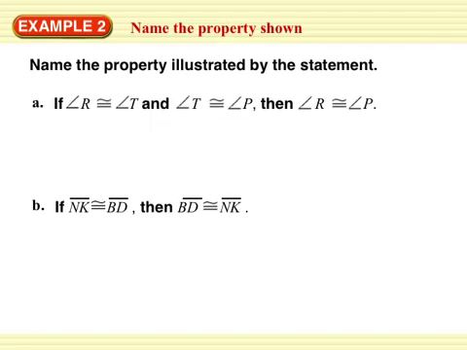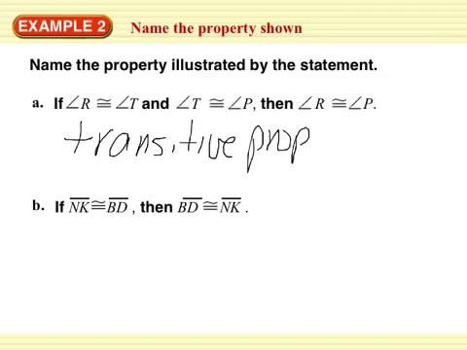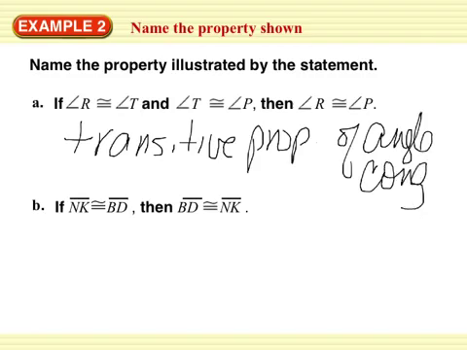Alright, example 2, name the property shown. If angle R is congruent to angle T, and angle T is congruent to angle P, then angle R is congruent to angle P. That is the transitive property of angle congruence.